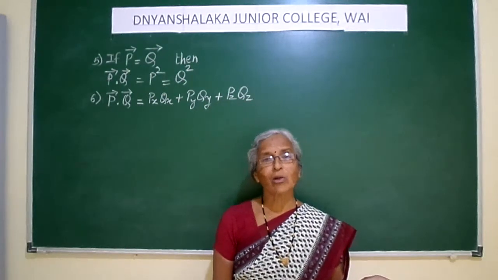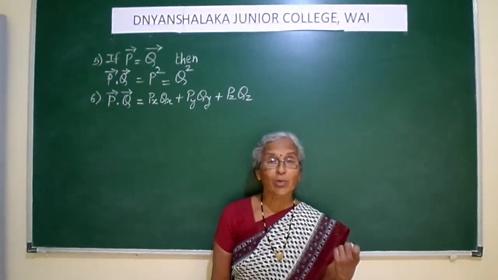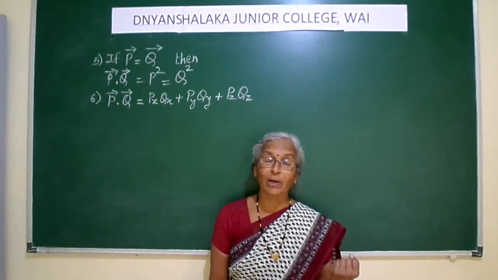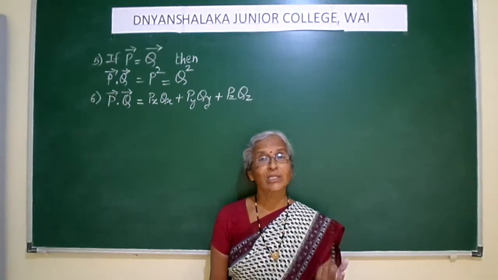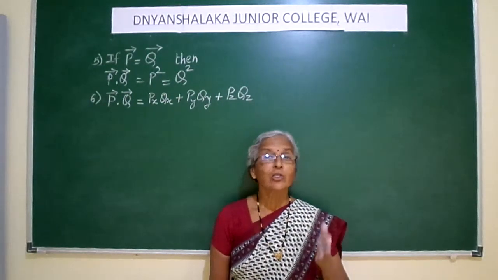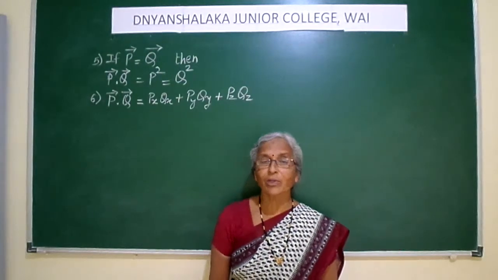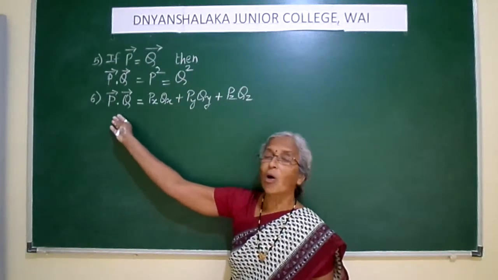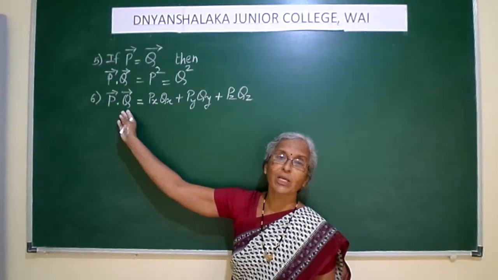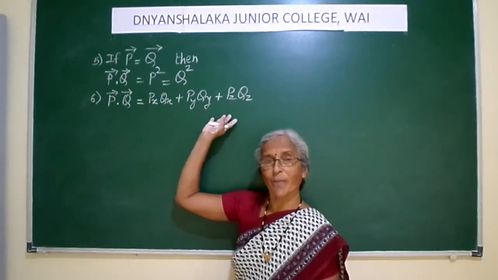I can resolve vector q along the x, y and z axes as qxi plus qyj plus qzk. So this we have seen in resolution of vectors. So we are going to now prove the value of the dot product, or the scalar product, of these two vectors to be equal to this sum.